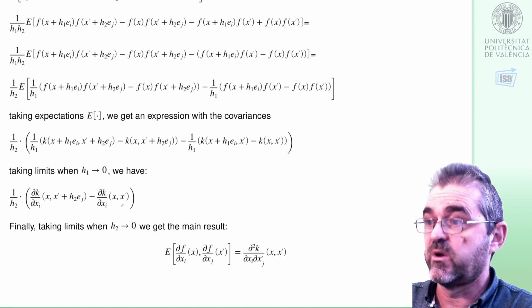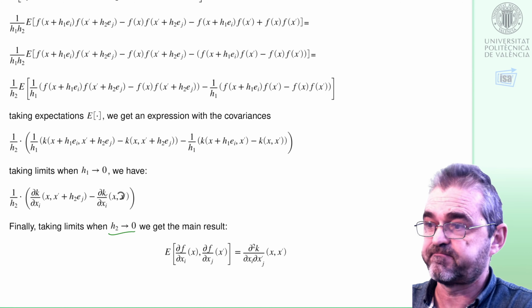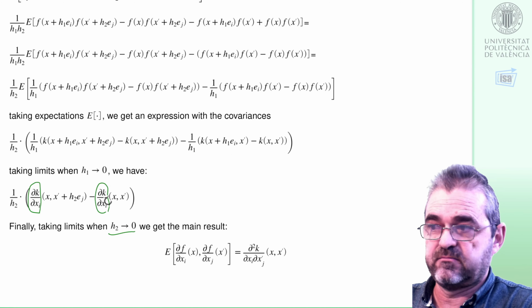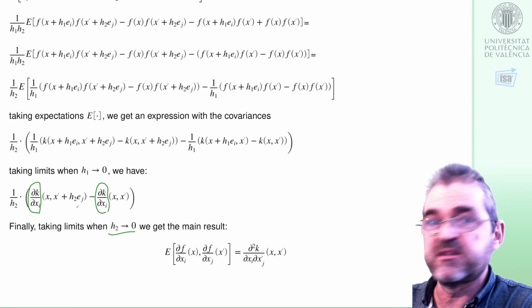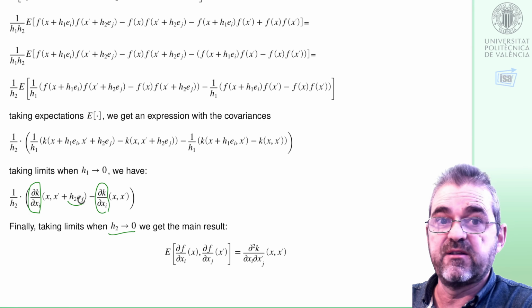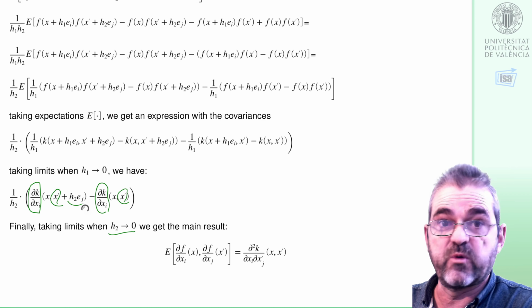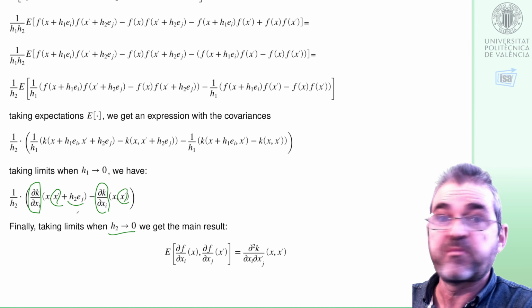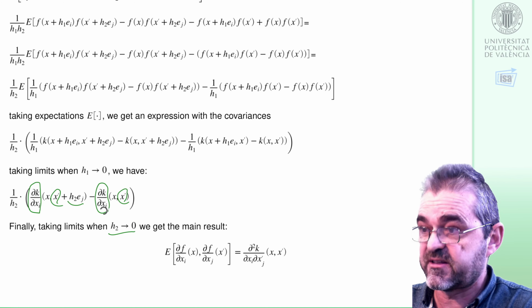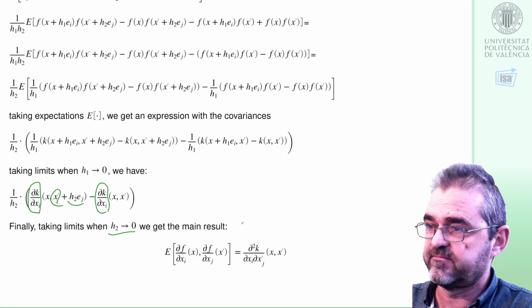So now, when we take limits when h2 tends to 0, we see that this is a function in which the second argument is incremented in the jth direction. We have x prime plus an increment and x prime here, so when we make that increment infinitesimal and divide by h2, we get the partial derivative of this thing with respect to the jth coordinate of the second argument.